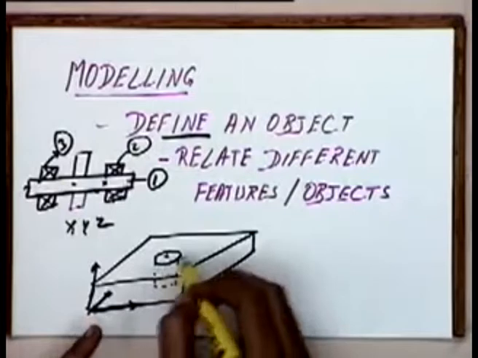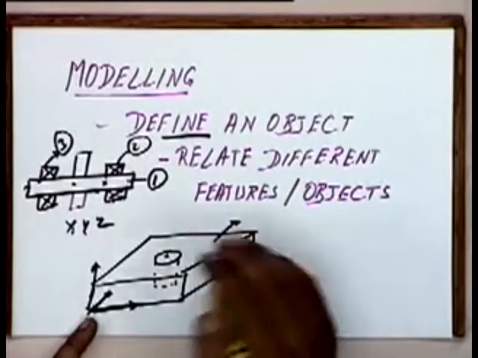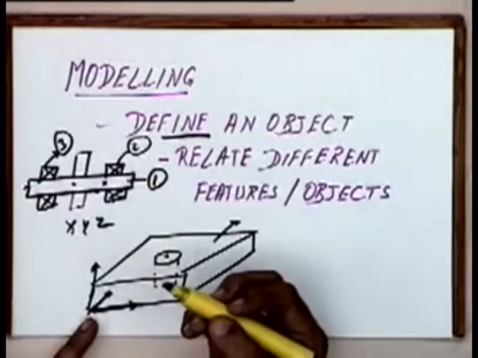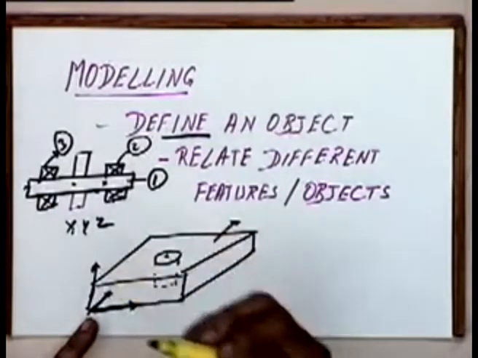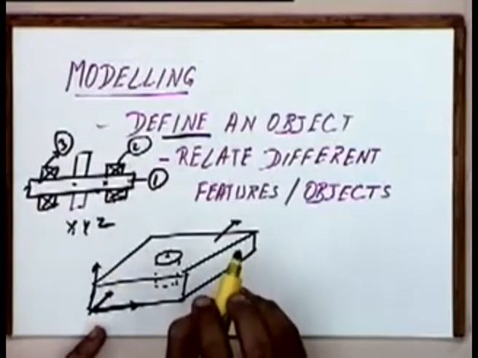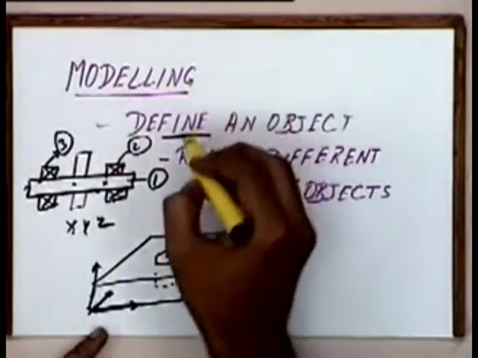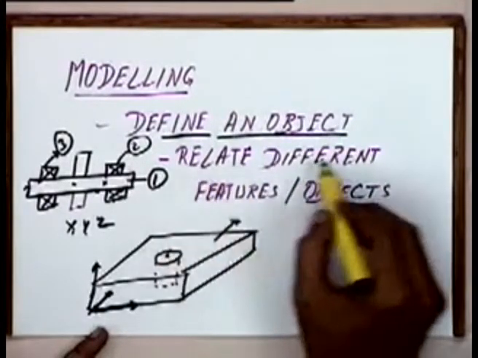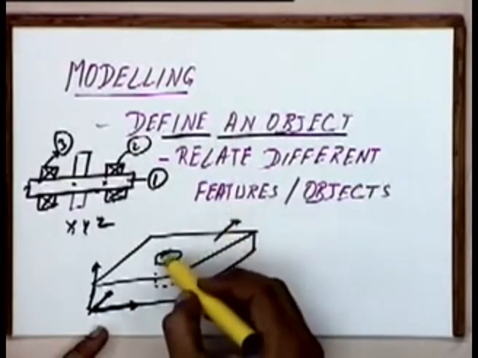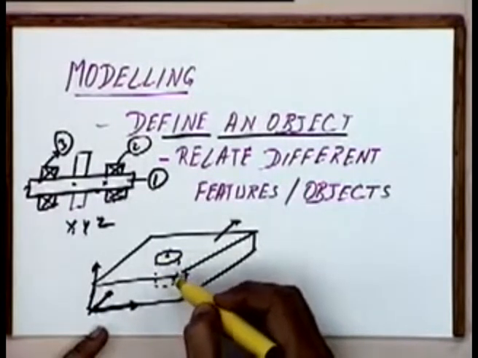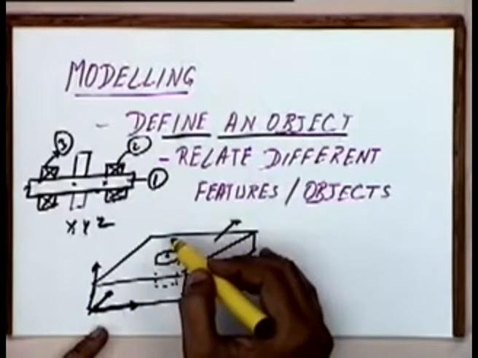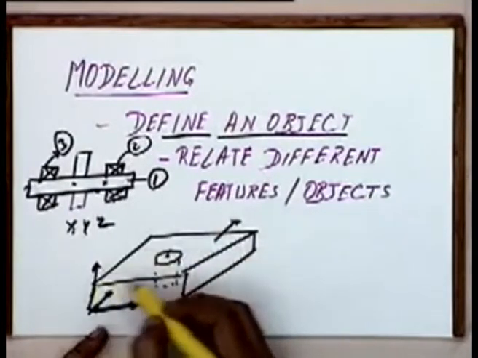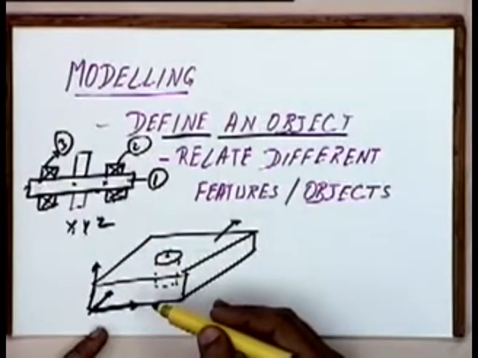This hole is at, let us say, the top face. This hole is a vertical hole and is a through hole. All this information has to be available when we are talking of defining this object. That is what we mean when we say relate different features. This hole is one feature, this top face of this object is a second feature. We have to relate the two together, saying that this face is next to this hole.